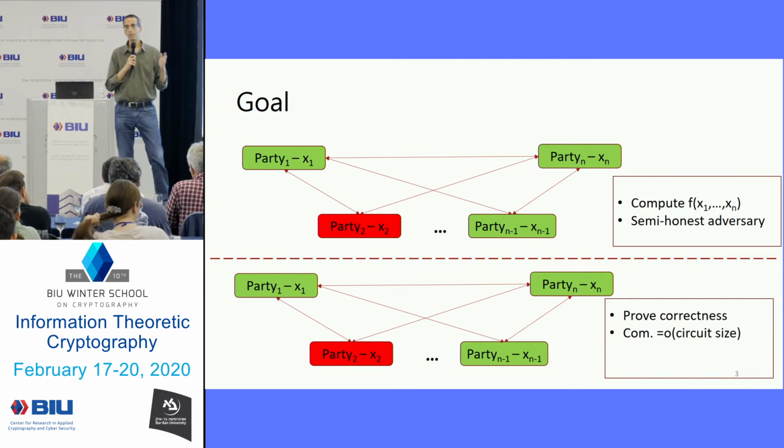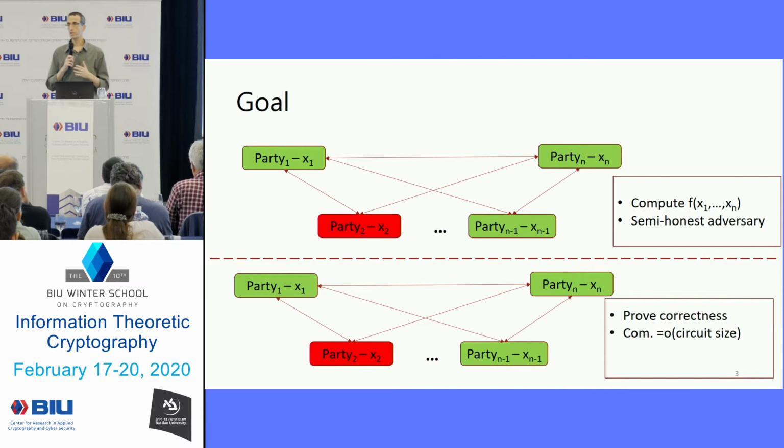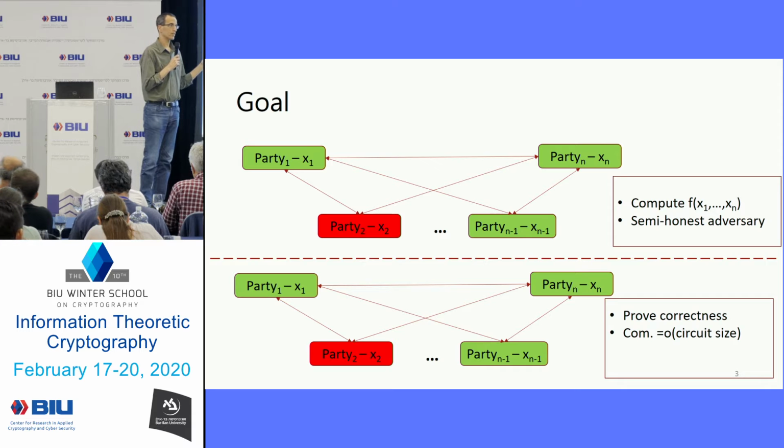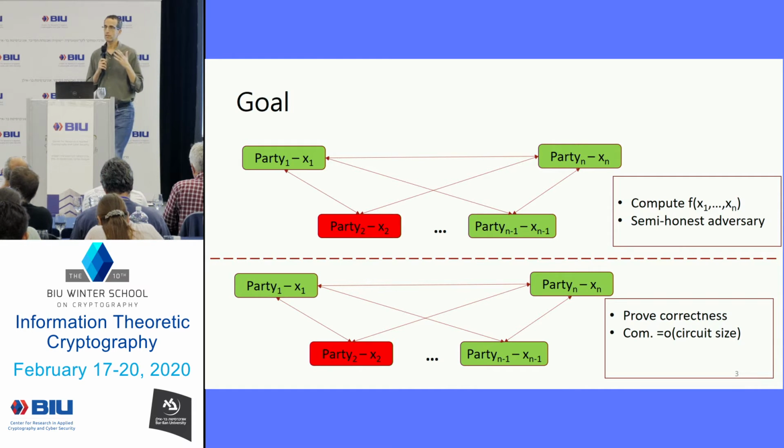We want to do this very efficiently, with very low communication. In most MPC protocols, communication is the main efficiency bottleneck. So our goal is to have a protocol for malicious security with communication about the same as for semi-honest security.